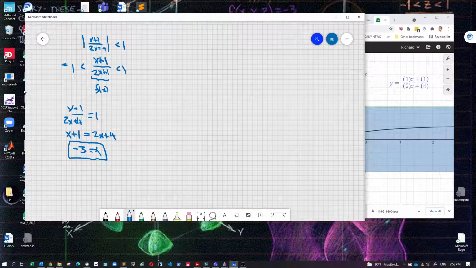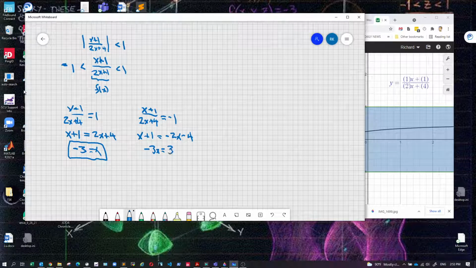Okay, so let's check. So then I have x plus 1 over 2x plus 4 equals minus 1. And so I have x plus 1 equals minus 2x minus 4. And so I get what? I get minus 3x equals, do I get minus 3x equals 3?